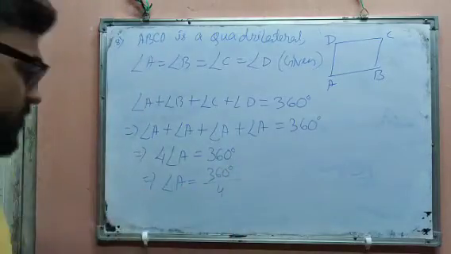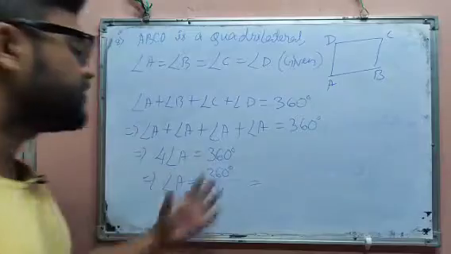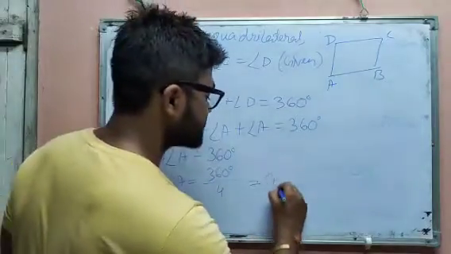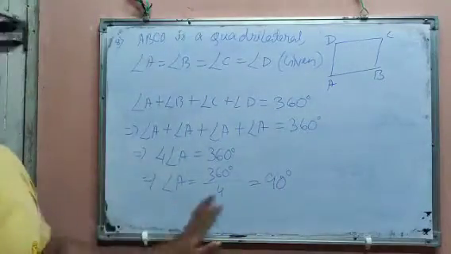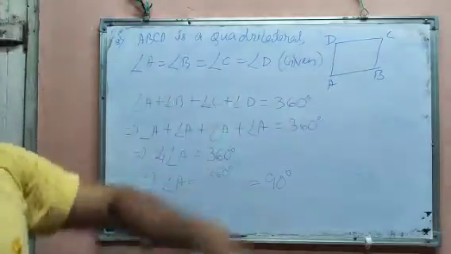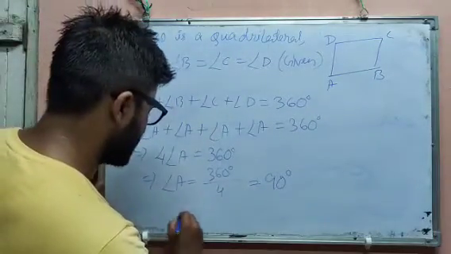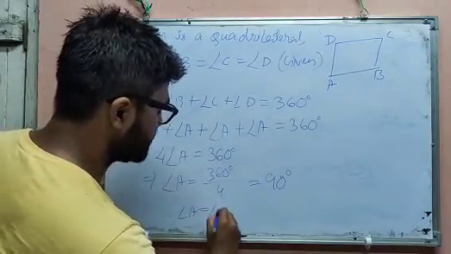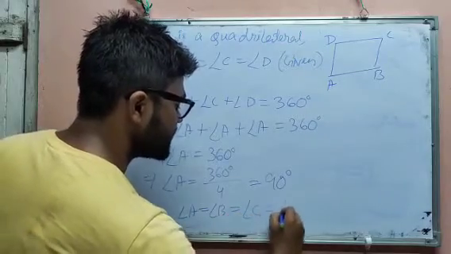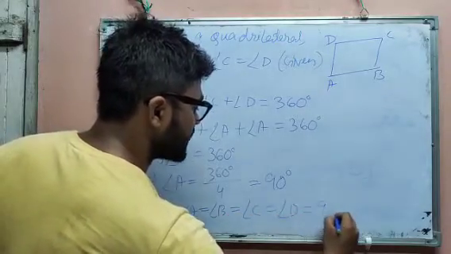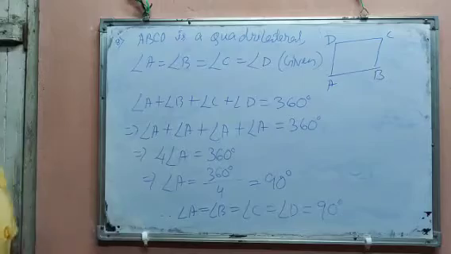When you divide, you will get 90 degree. As all the angles are equal, therefore angle A equal to angle B equal to angle C equal to angle D equal to 90 degree. That means all the four angles are equal.